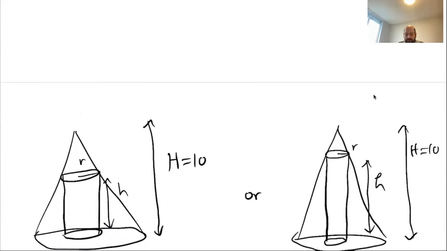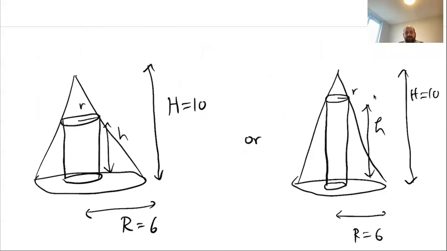So please remember, the cone is fixed, okay? The cone is fixed, it's given. It's a certain cone, it could be an ice cream cone or any cone, it's given. But we want to inscribe the cylinder inside it that has the volume as large as possible.